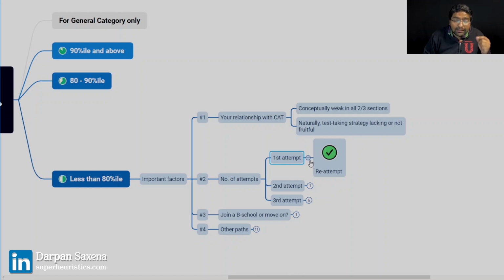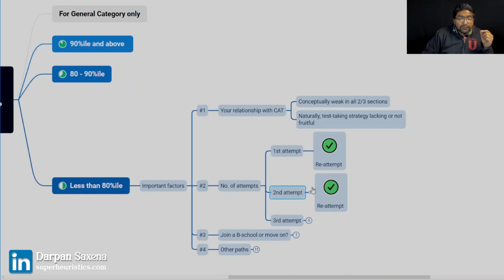So definitely re-attempt. If you are in your second attempt, I will still say that अगर आपके second attempt में भी अगर 80 percentile नहीं, अगर 80 से नहीं percentile ज़्यादा आ पा रही है, आप please job में continue रहिए, continue working in your job. CAT is not an exam for which you need to leave your job.